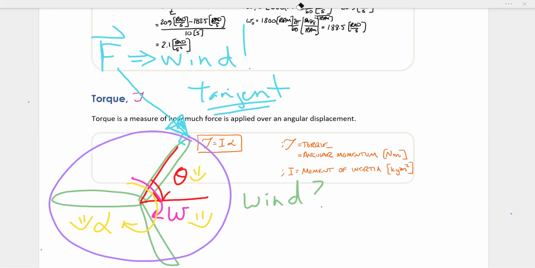Now the force has to move these three blades, which I am stylizing as a disc right now. And the amount of torque you're going to end up getting, right? Torque is force times displacement, like I showed you with the wrench. As displacement is higher, for whatever force, you're getting more torque.